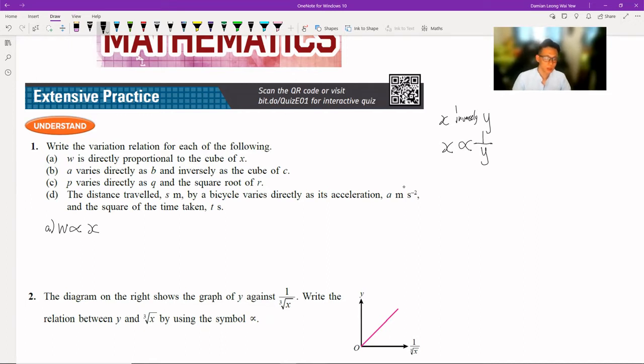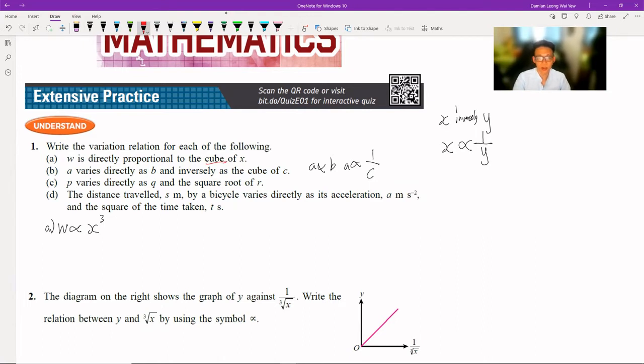Varying directly as B, varying inversely as the cube of C. So we have to cube it as well. Yeah, I missed that out, there's a cube here. So make sure you do all the powers that are stated.